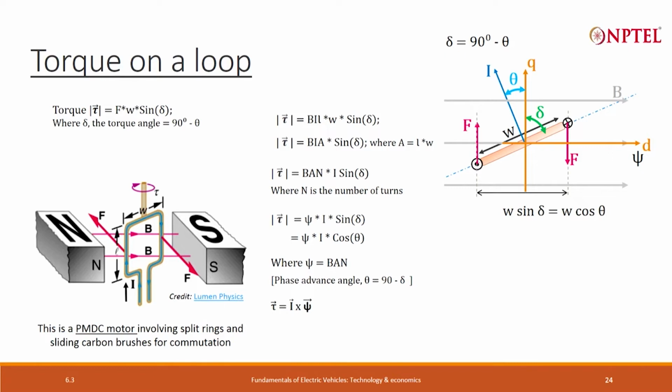And this delta is called the torque angle, theta is called the phase advance angle. We will see shortly why it is important. When I do the normal vector multiplication, it will be magnitude of I multiplied by magnitude of xi multiplied by the torque angle sin delta. Another way of expressing it is I into xi into cos theta.